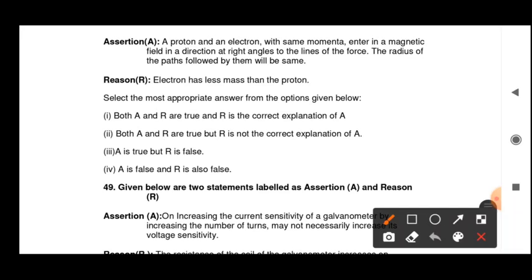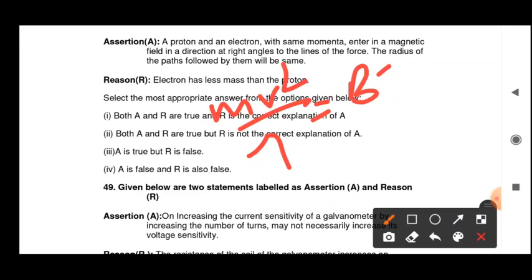For this question, if we have a proton and an electron, then the centripetal force should be equal to the magnetic Lorentz force. The centripetal force is mv squared by r, and the Lorentz force is qvB sin theta.